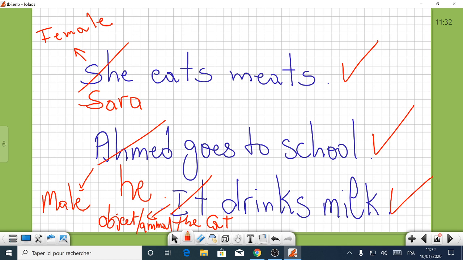When I say she, it's about a female. That's why we can replace she with Sarah, for example. And here we have Ahmed goes to school. That's the same thing. It's a male, so Ahmed can replace he here. So here it drinks milk. I'm talking about a cat. So we say the cat drinks milk. So it can replace both objects or animals at the same time.